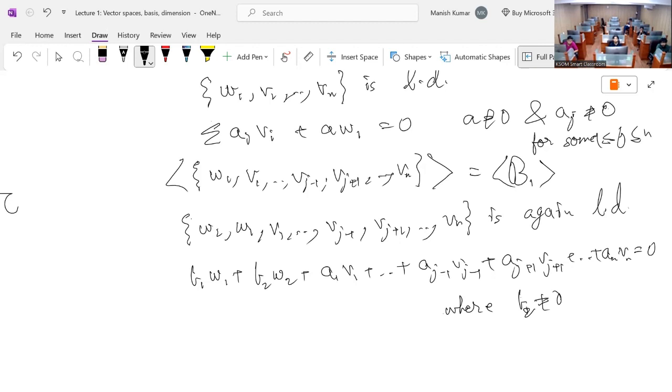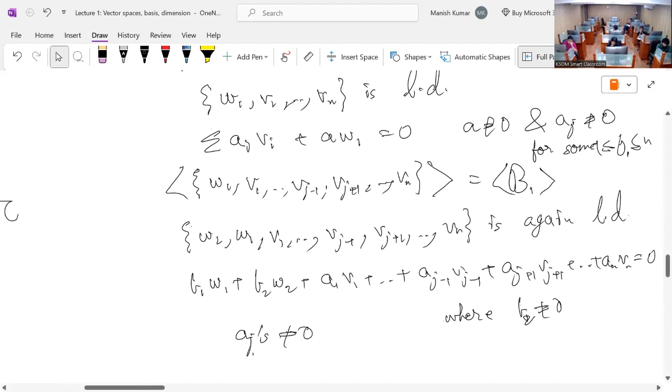But remember, W1 and W2 are also linearly independent, so again you can argue that some ai is non-zero for some i.